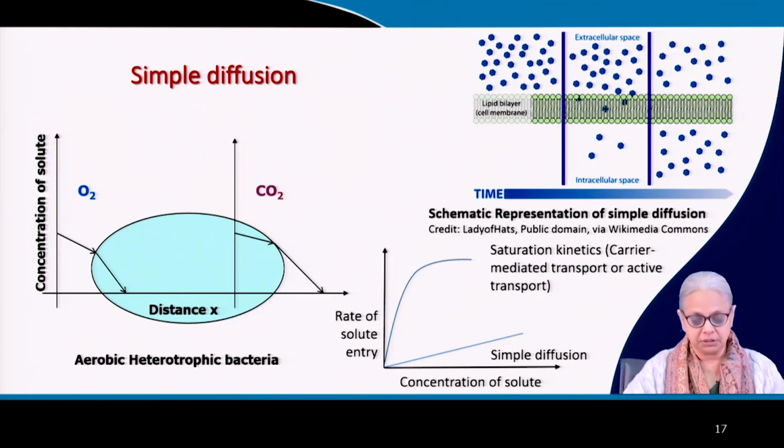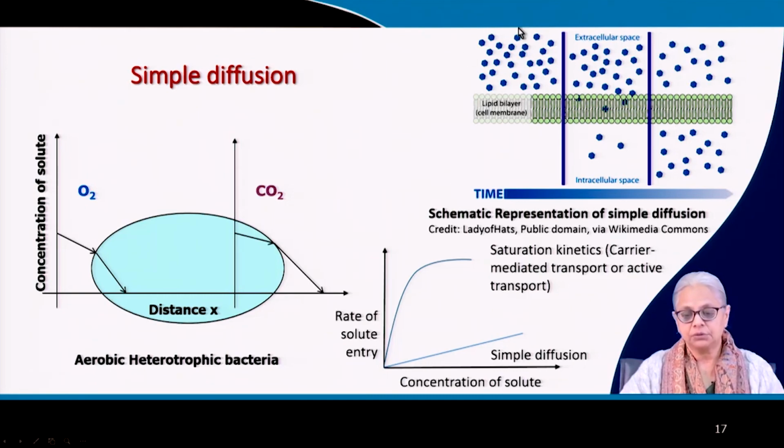So here we have simple diffusion. Let's take a look at this schematic that describes simple diffusion. You have your phospholipid bilayer, and let's assume it has some substrate, some nutrient, some food that is there in the environment which needs to be brought into the cell. Over time, what will happen? This substance, if it is perhaps a gas like oxygen or CO2, we know that water cannot do this.